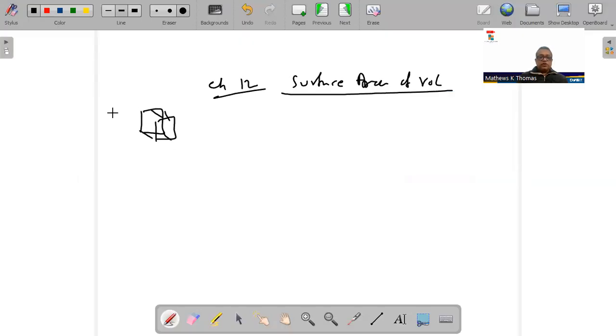The first one is a cube. We have 4 formulas. One is lateral surface area. Lateral means the 4 walls; the top and bottom are open. So lateral surface area is 4 side square, as all the sides of the cube are equal. If the top and bottom are closed, then we use total surface area, TSA, 6 side square.